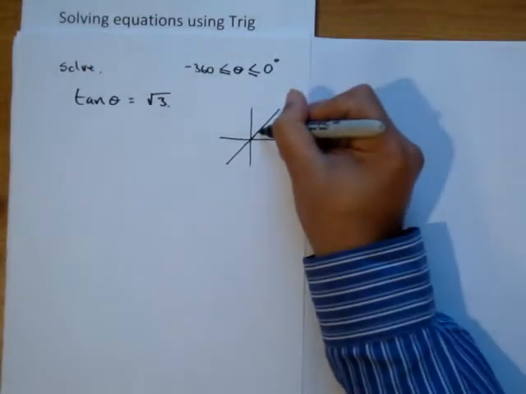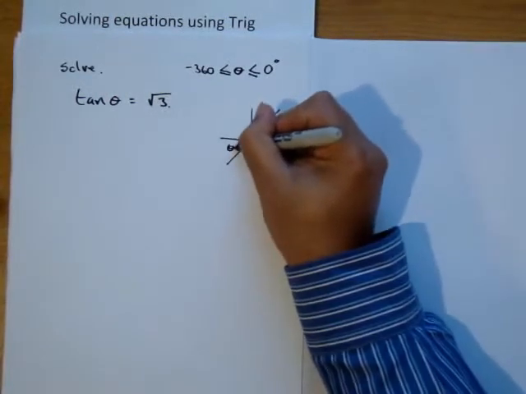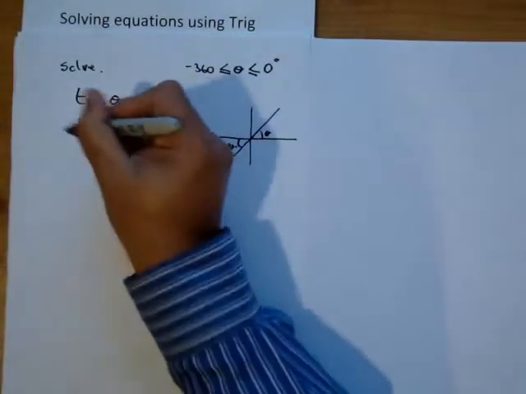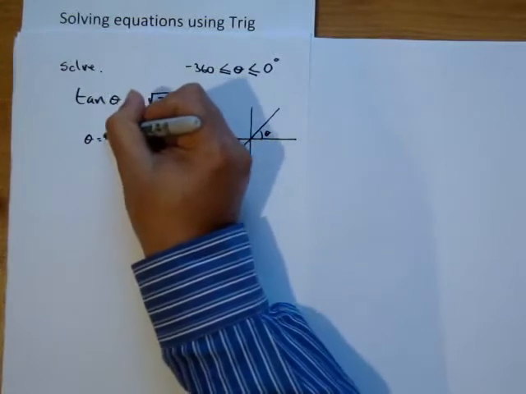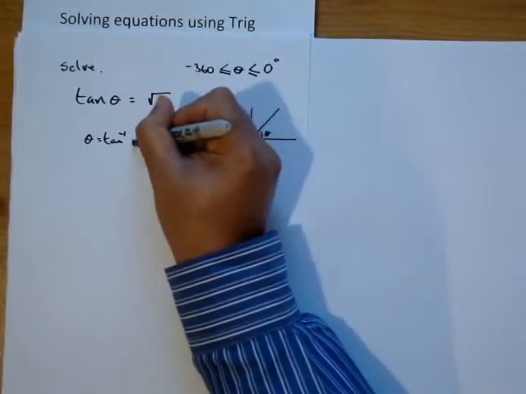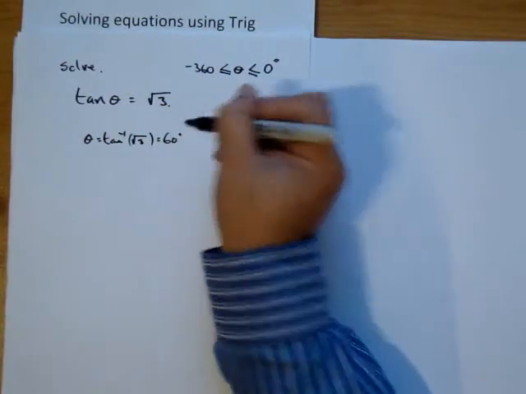This is the angle theta that we're interested in, and also this angle theta, the acute angle from the horizontal. If we do theta equals tan inverse square root of 3, we get 60 degrees.